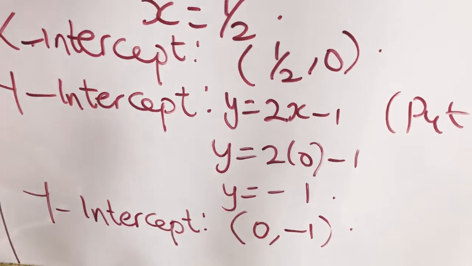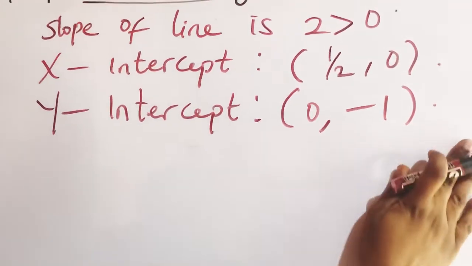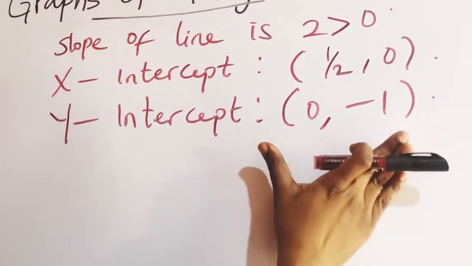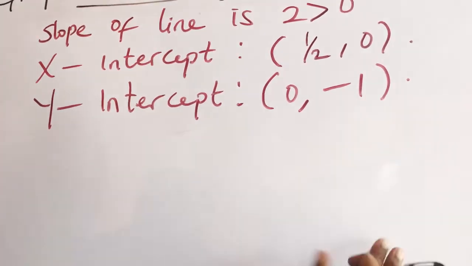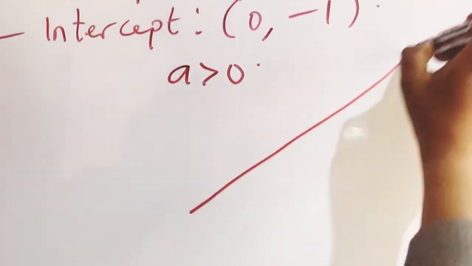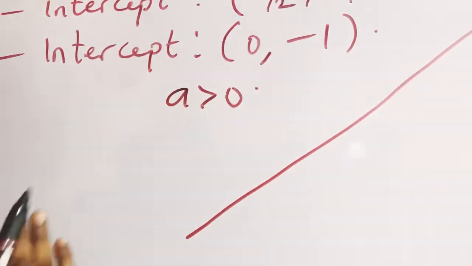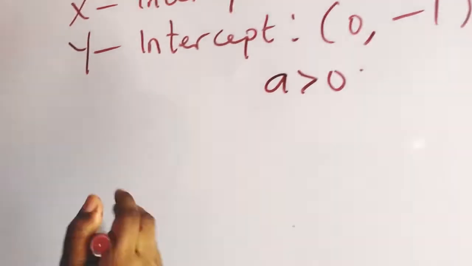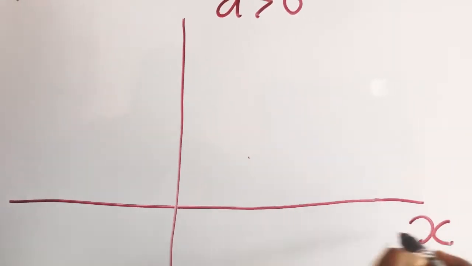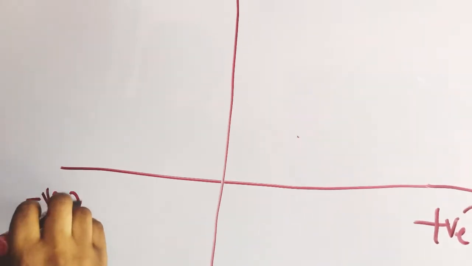So let's sketch. Having known all this, the slope of the line, the x-intercept and y-intercept, we can quickly sketch the graph of this polynomial of degree 1. Since a is greater than 0, we should know that the graph must look up. Here is the positive x-axis, and here is the negative x-axis.